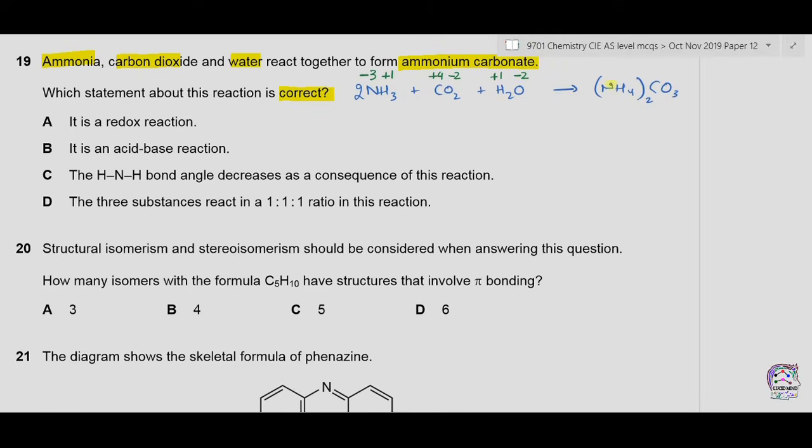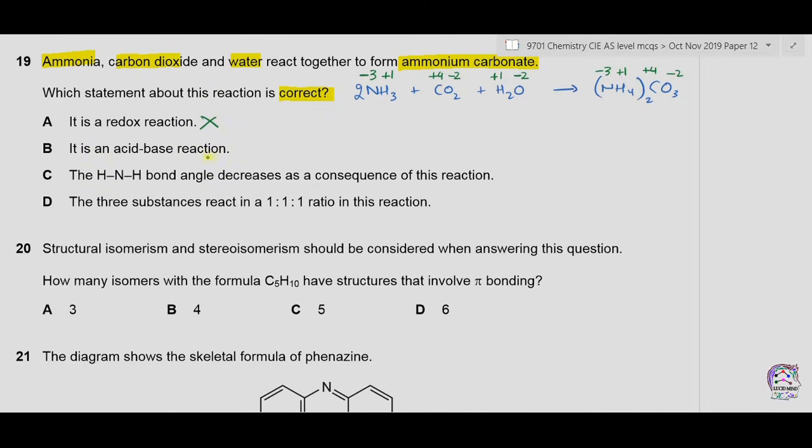Again, in ammonium ion, nitrogen is more electronegative, so it is -3 for nitrogen, +1 for hydrogen, -2 for one oxygen and +4 for one carbon atom. As we can see that no change in oxidation state has occurred in the reactants and products, so therefore it is not a redox reaction.